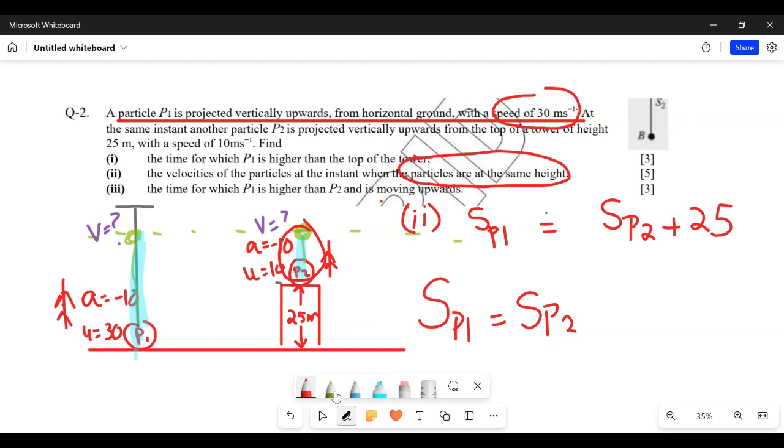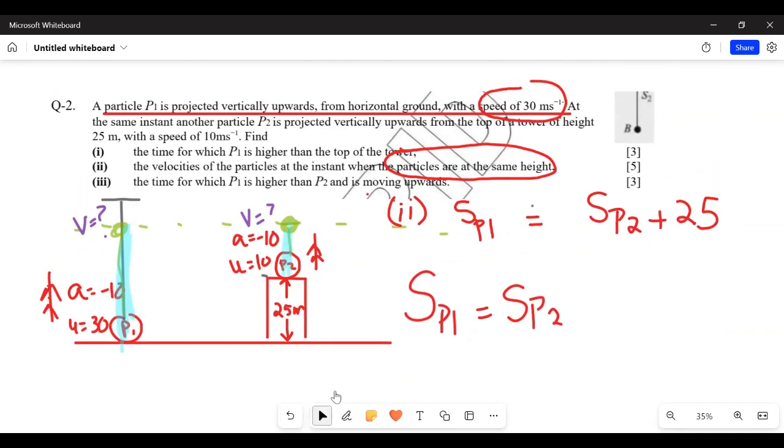There's also a 25-meter long tower underneath it. So you need to add that as well so that both sides of the equation have the same value. So this length is equal to this length. That's why you have to add 25 to this distance covered by P2. So plus 25 with it.